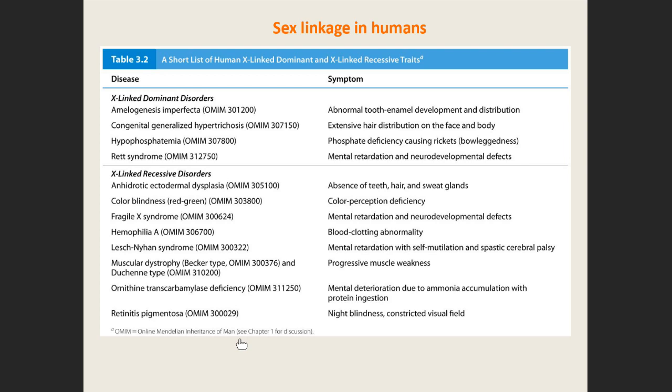And you can search for the name of the disease, or you can search for the OMIM number, and you'll get a lot of information that relates to the symptoms, the medical aspects, the treatments, what's known about the biochemistry and the molecular biology of a trait or a disease.